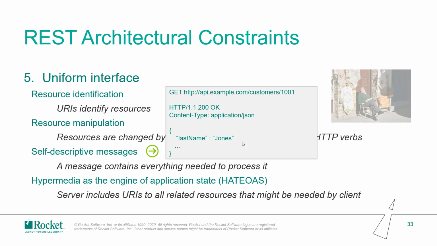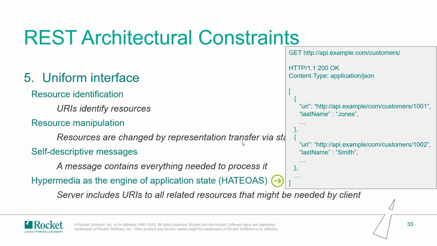But the server needs to make sure that it tells the client that the payload is encoded in JSON format. And that way the client doesn't need to make any assumptions that it should parse the payload with JSON versus any other parser, XML, anything like that. The server outlines exactly what the payload is so the client knows precisely what to do.